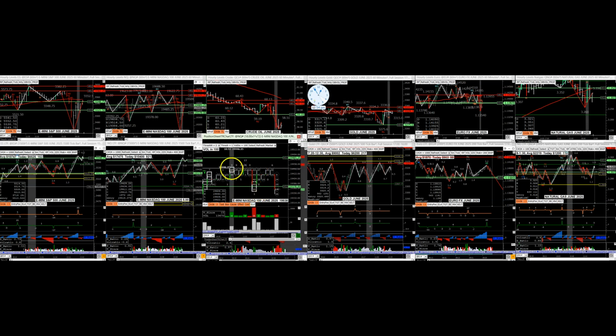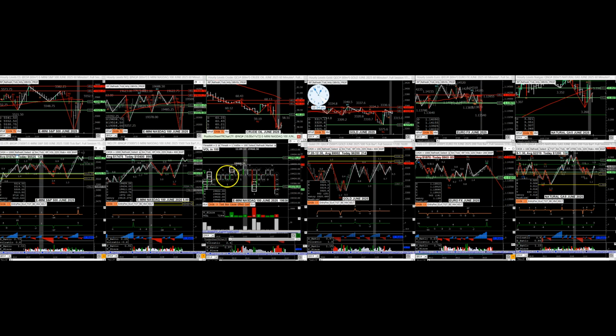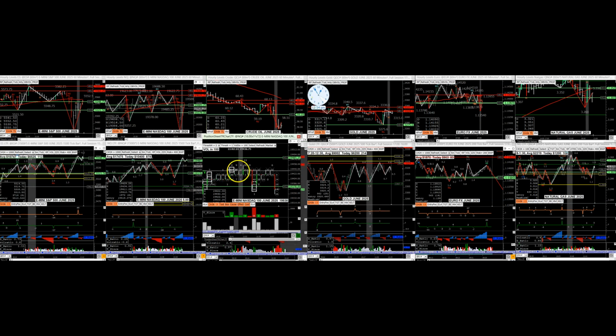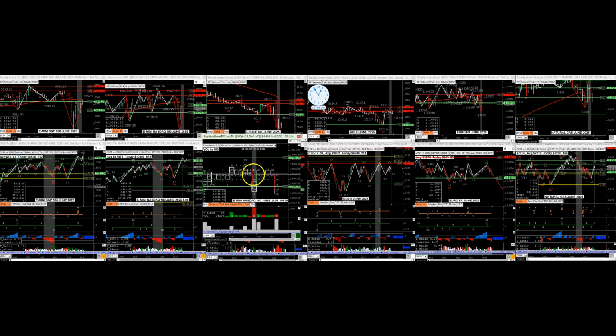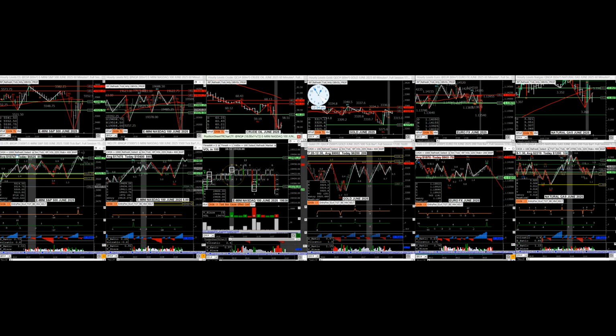What does that mean? Remember, there's 2 things. We look for effort and high volume prints followed by ease of movement. So either effort, ease of movement, or high volume print, ease of movement. In this case, we get the second scenario, high volume print followed by ease of movement, undisputable ease of movement to the downside, which occurs right here.